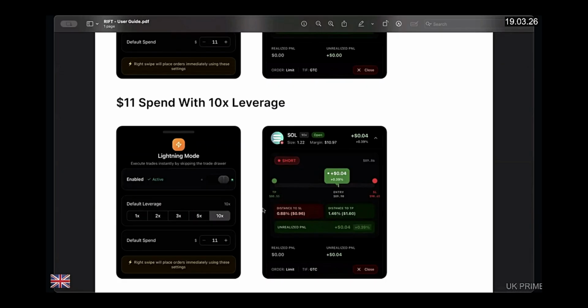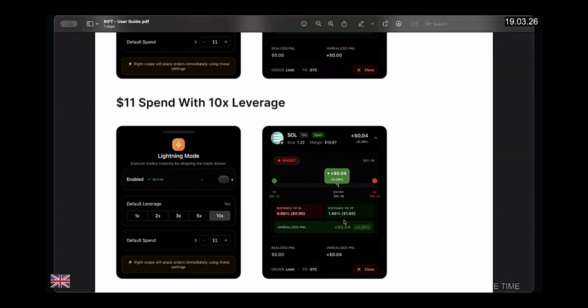In the same way, with 10x leverage, you have stop loss point as 96 cents, and same with $11, you have a profit point at $1.60. So this is how the trades get executed, and the opportunity cards that appear in front of you according to your customization, they change.